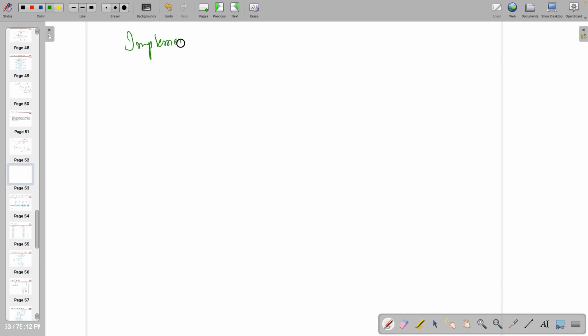Okay, so now I want to implement a 4-bit subtractor, right? So in that case, there are 2 ways. Either you can take it with the NOT gate or you can take it with the XOR gate. Whichever you like, you can use it. Let's assume that I am using the NOT gate.